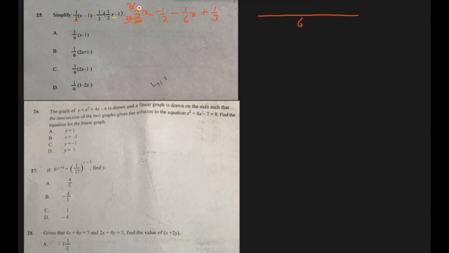So we get here 3 times 1 times X, 3X. To make this also, I have to multiply by 3, minus 3. 6 is already 6, so no change here, minus 1x, which is just minus x. Multiply this by 2, so we get plus 2.